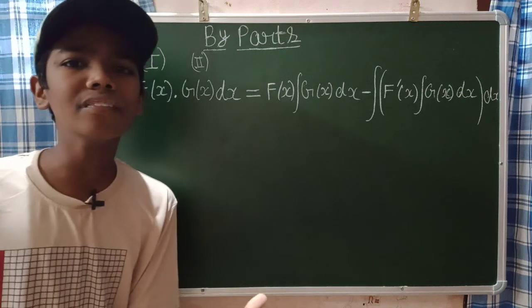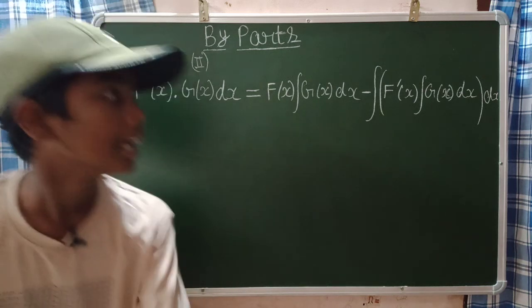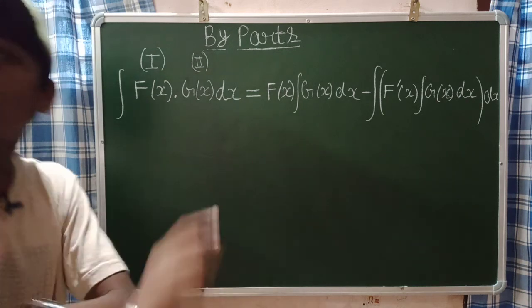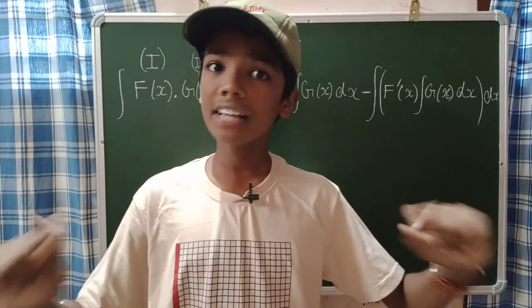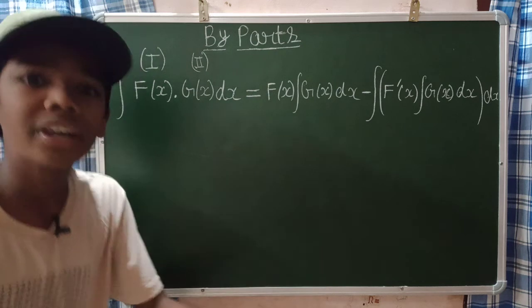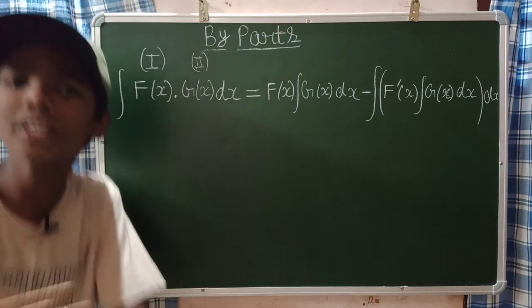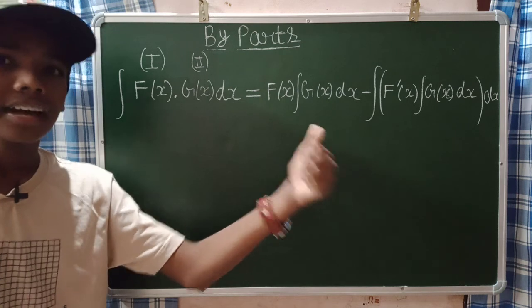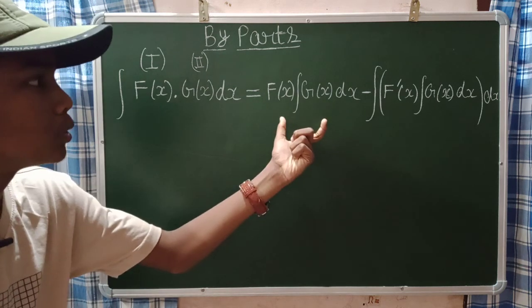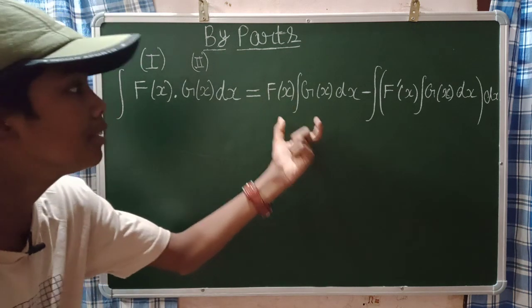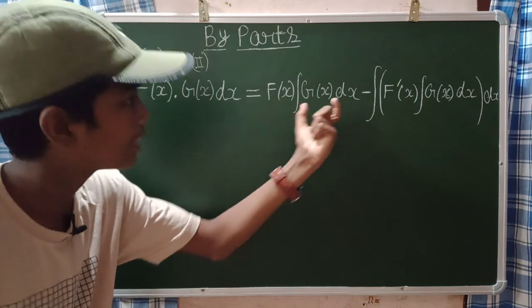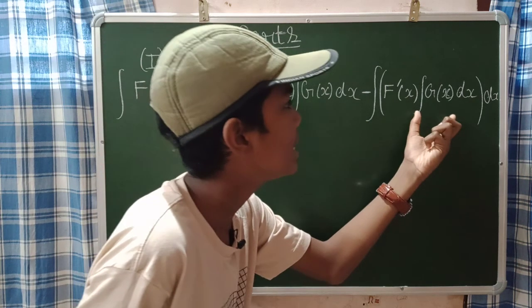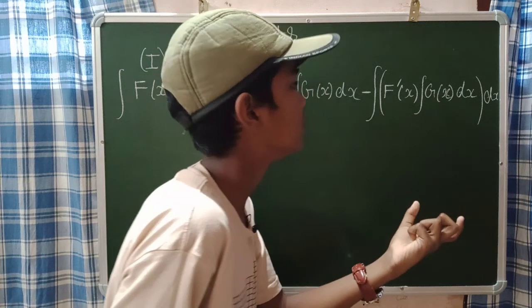Why particularly the second function? Because in the by parts rule, we are only integrating the second function, not the first function at all. See here. In this by parts rule, in this first expression I am integrating g of x, which is the integral of the second function. Even in this expression, I am only integrating the second function, the integral of g of x.